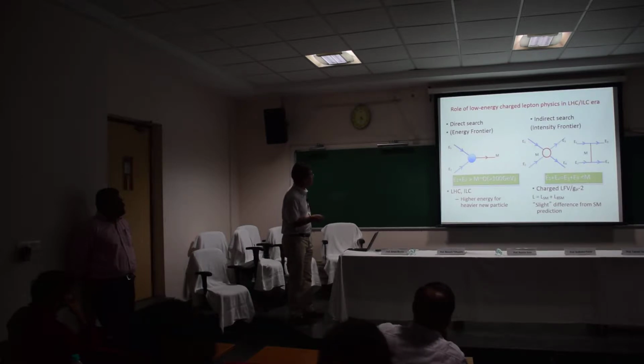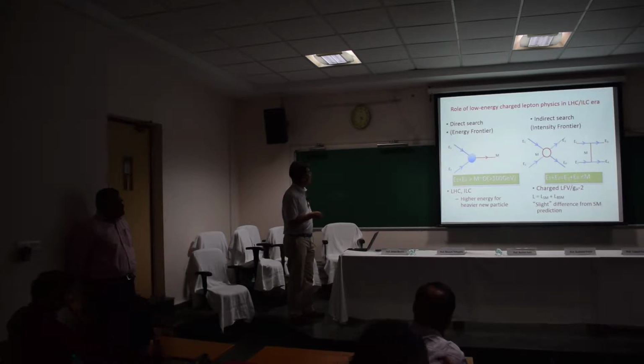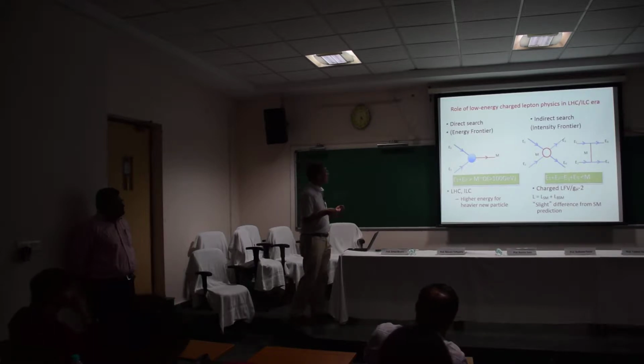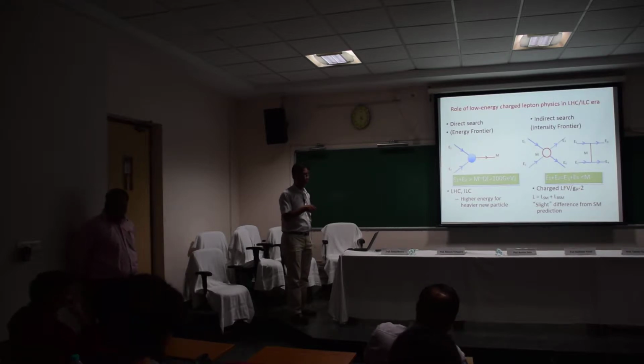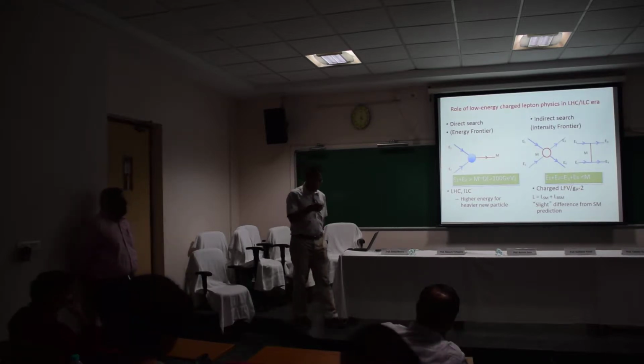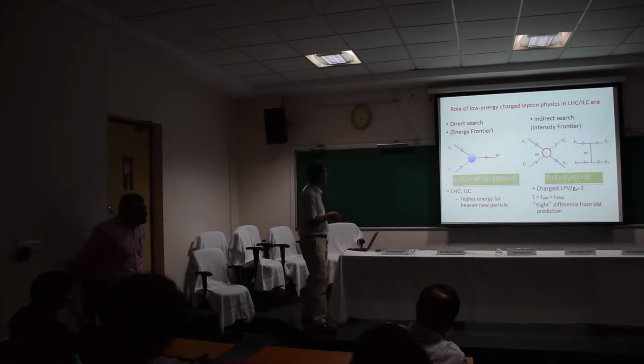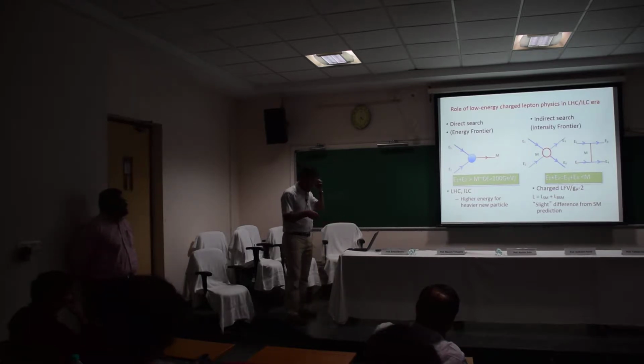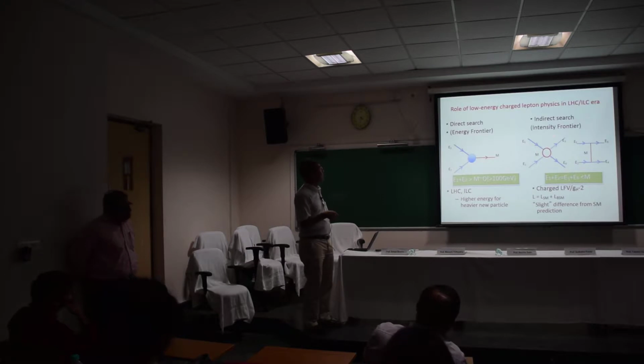This is the energy frontier, for example a collider experiment, where the beam energies are E1 and E2, and we try to produce a new particle of mass m. So a collider experiment can access only up to the energy or mass of E1 plus E2. This is a high energy frontier experiment. But the intensity frontier is a sort of indirect search.